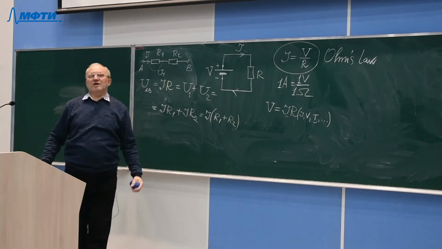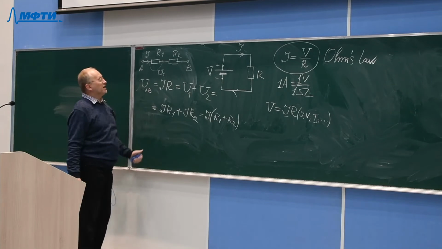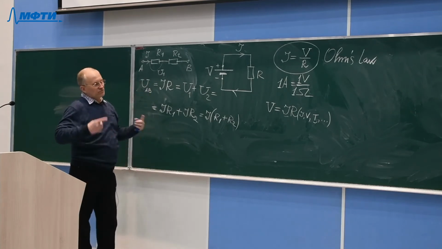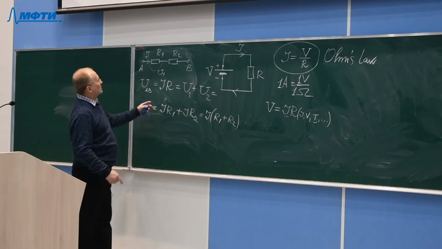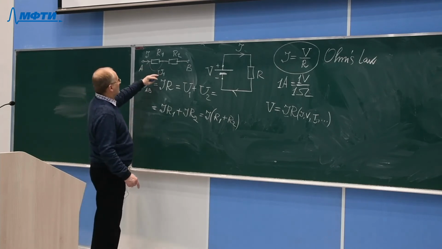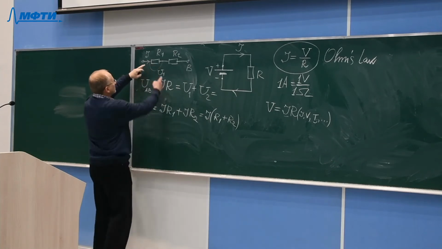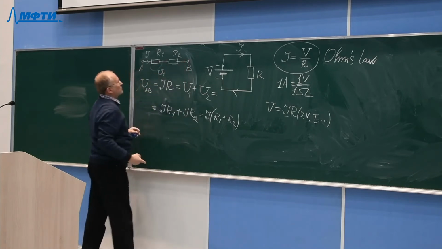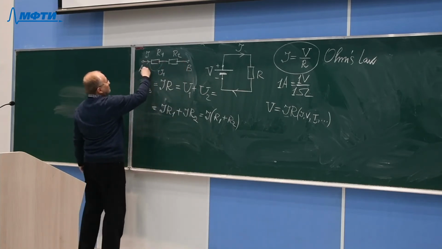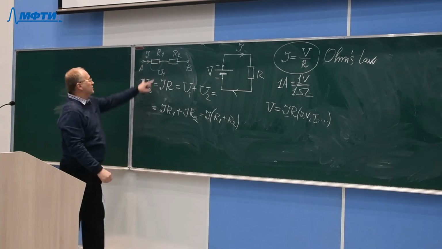That may happen if the frequency of alternating current is so high that the radio wavelength which corresponds to this frequency will be of the order of magnitude of the dimension of this element of the circuit.